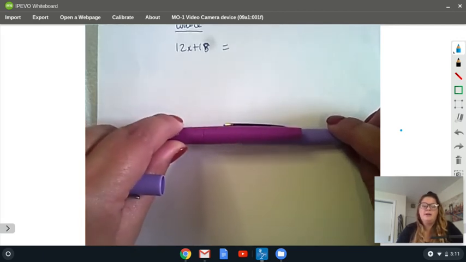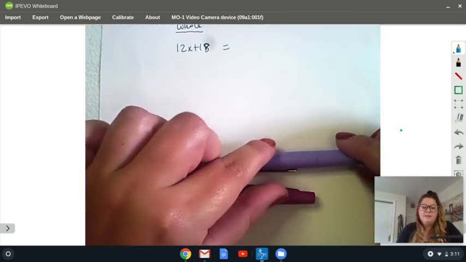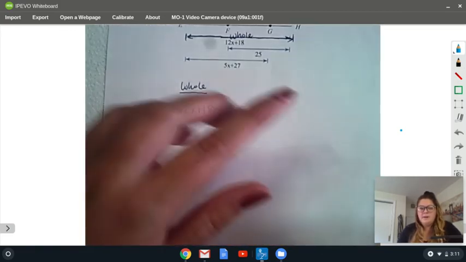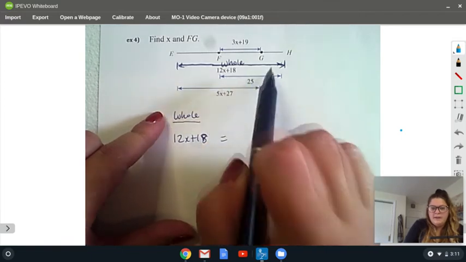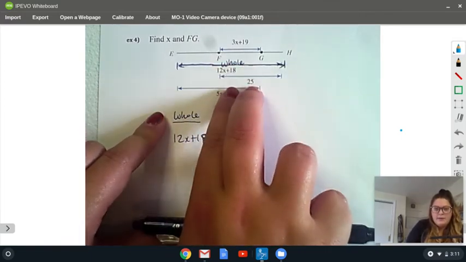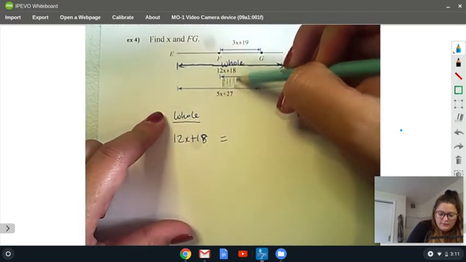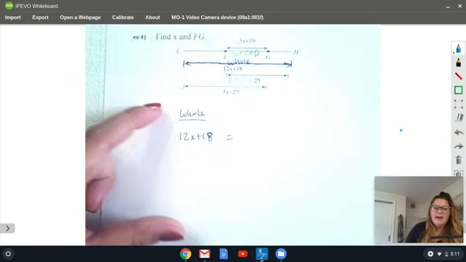So if I put this over it, I'm left with it. If I put the cap back on, I'm left with 2 pieces that are overlapping. I need to take one away. So if I look at this picture, I have this full segment and another full segment, and they overlap right here in the middle at FG. So I like to call this the overlap, and I like to label that FG as my overlap.